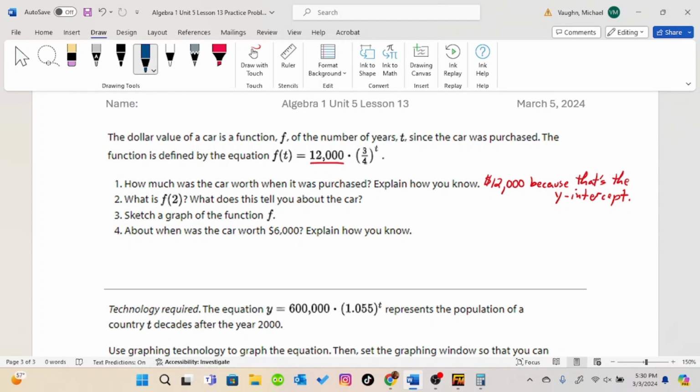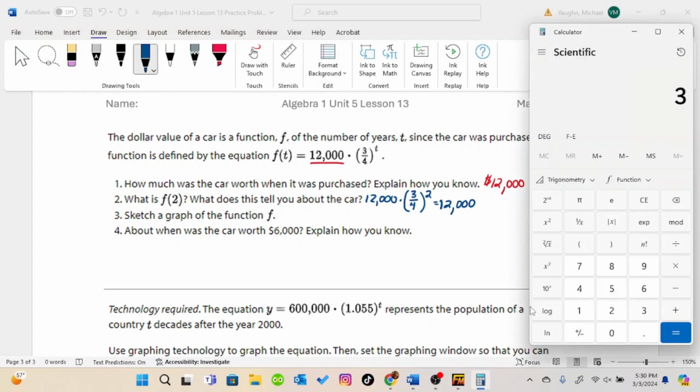So f of 2 would be 12,000 times 3 over 4 to the power of 2. 3 divided by 4 is 0.75, and 0.75 squared is 0.5625.